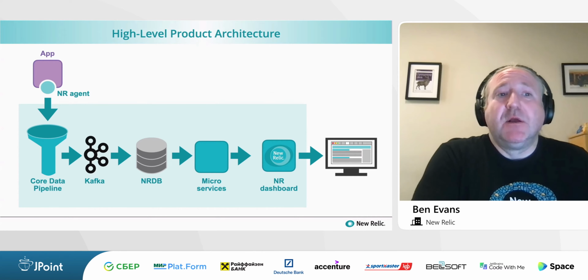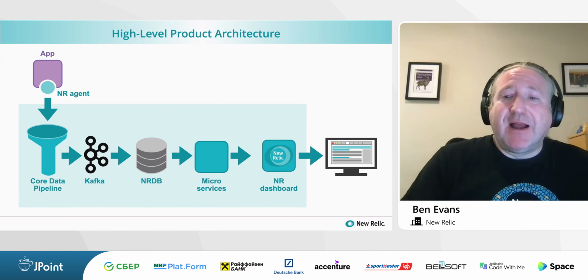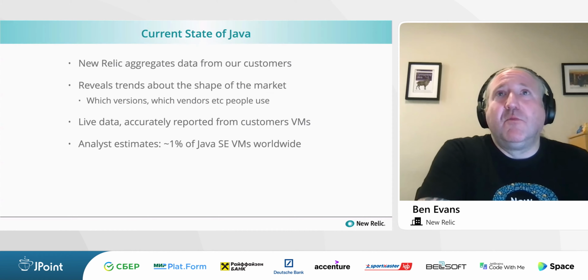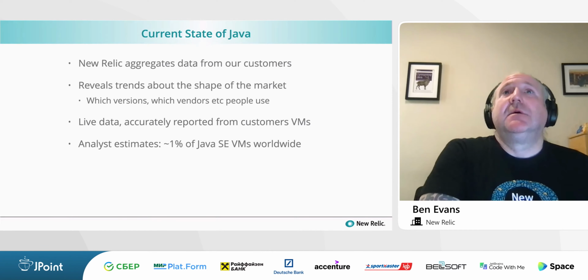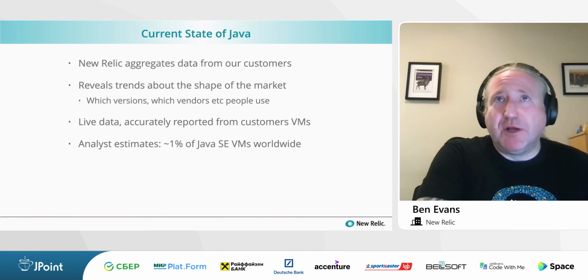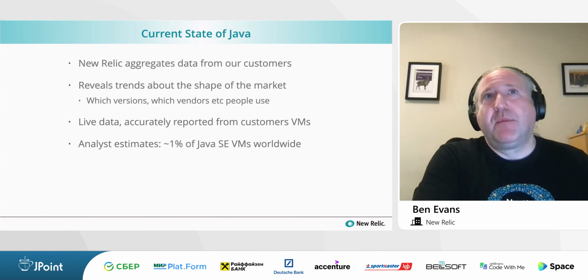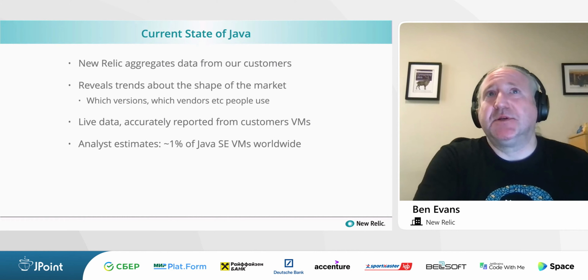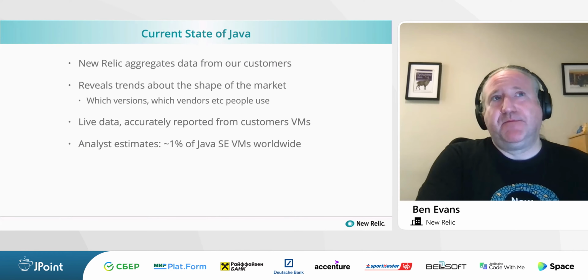But what this means is we have the ability to aggregate data from our customers. And that data, which they have opted into sending us and allow us to use, we can use it to see trends about the shape of the market. We know pretty well a whole bunch of other things people actually use.